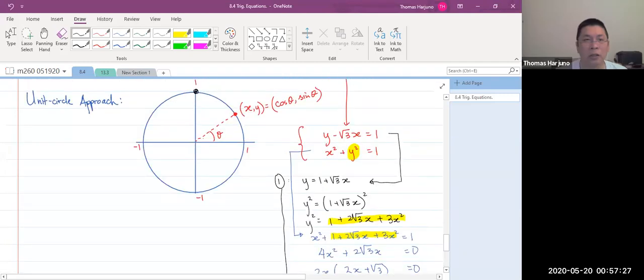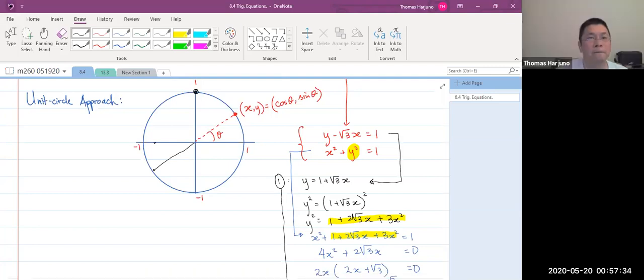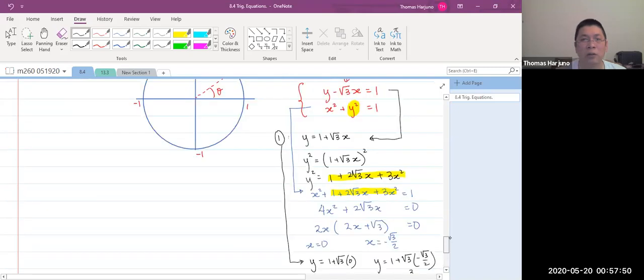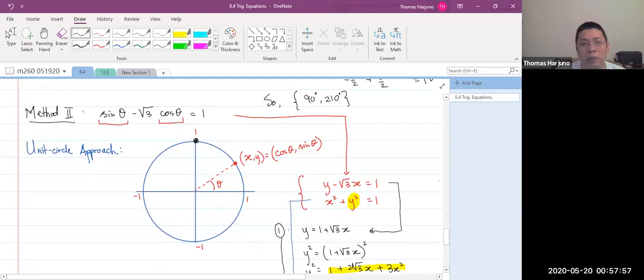It's 210 degrees. Right? Now the nice thing about this technique is that I don't need to check. This is way easier than the first method. I think the reason it becomes a lot easier is that we don't need to write the sine and cosine thing.